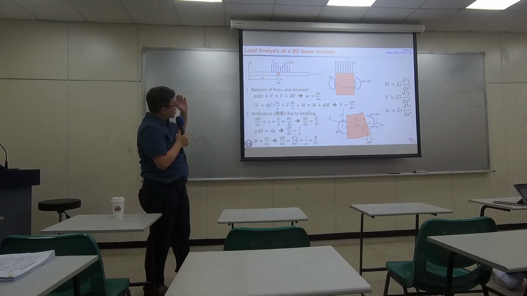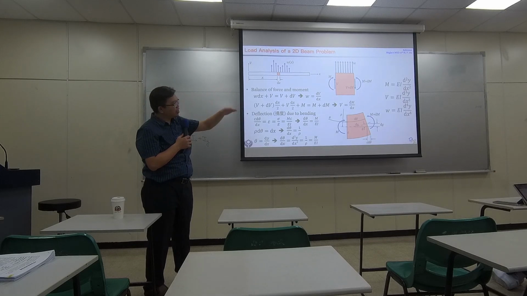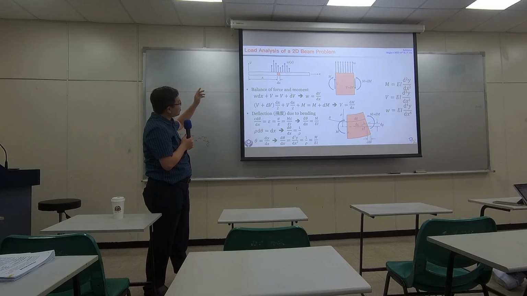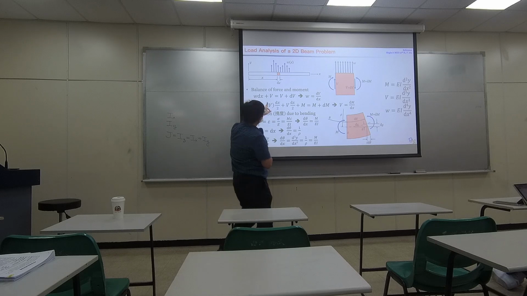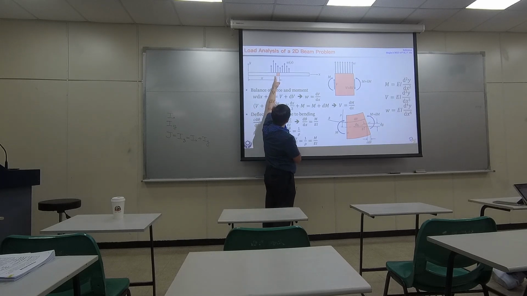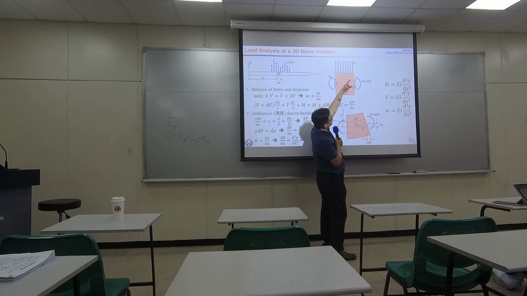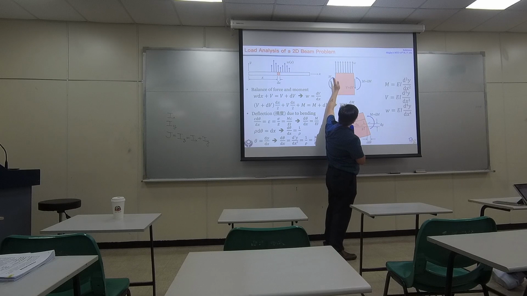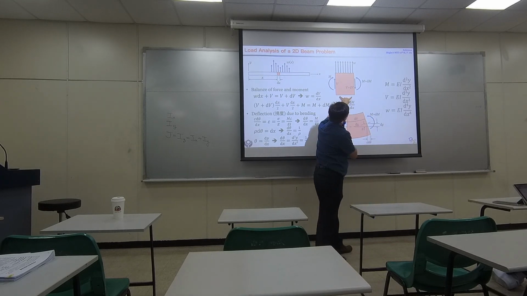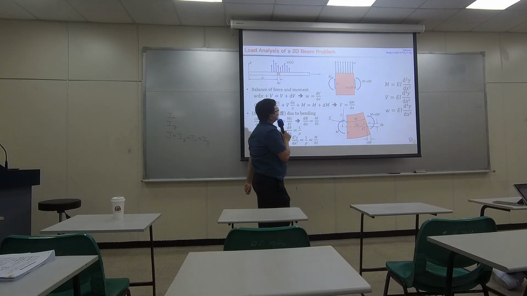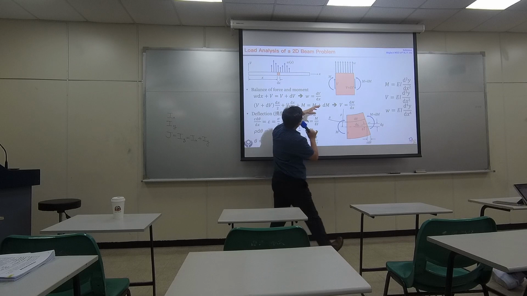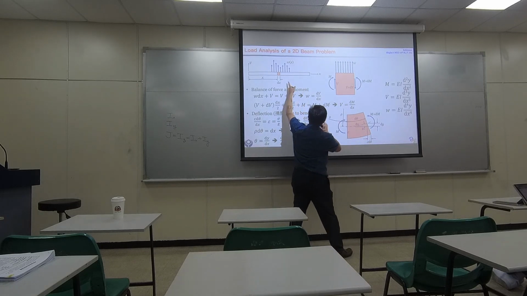W(x) could be changing everywhere. However, when we are focusing on a small cut right here at position x, the amount of W is exactly the same within this small area because dx is so small. So W is the same value. This is the zoomed-in version of this piece.